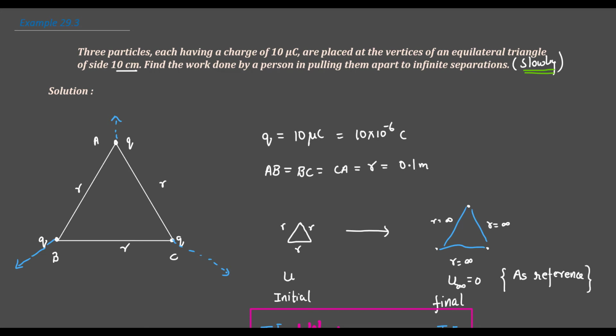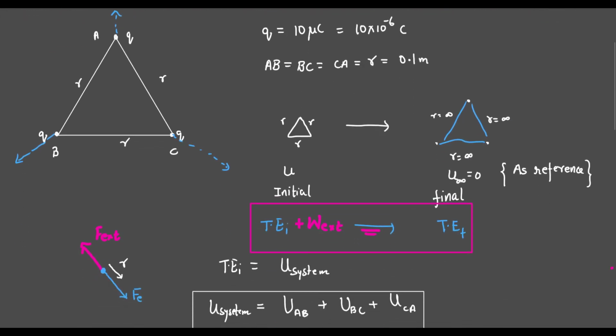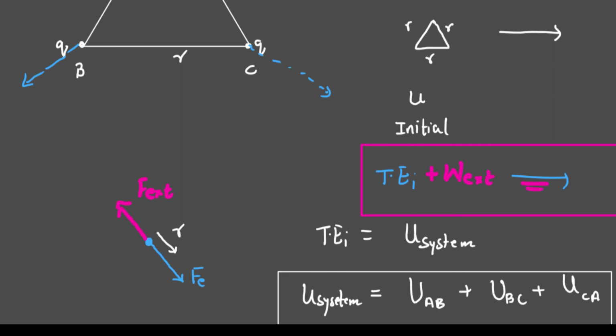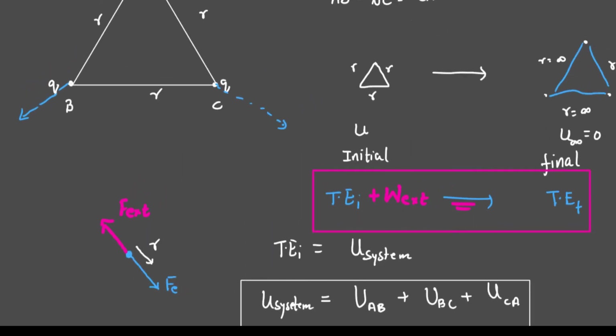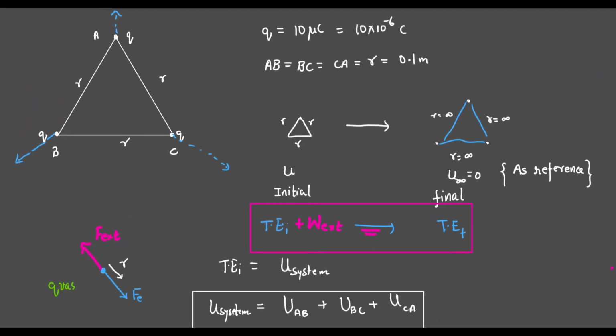We don't have to do any work. If we as the external agent are pulling the charges apart, we have to apply some force so that at every instant the charge is in equilibrium and moving very slowly. This motion is also called quasi static, in which at every moment the charge is in force equilibrium.